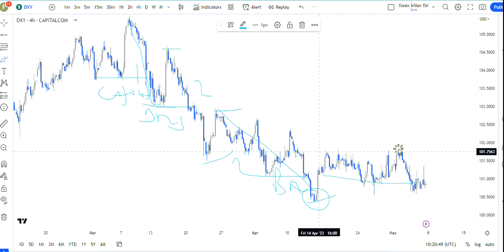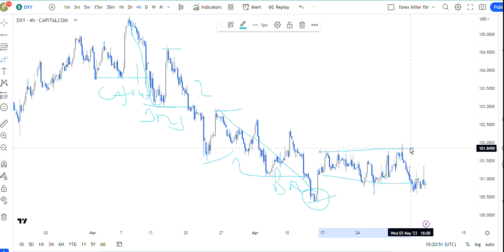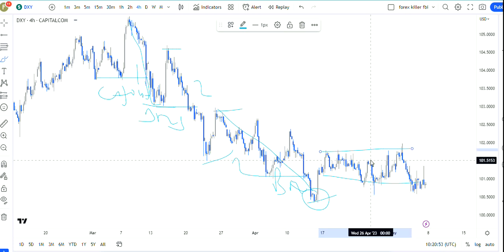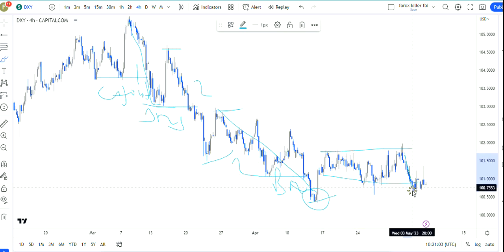At this point we have a correction. If you have a correction here, the upcoming move should be impulsive. Inside the correction we have an impulse, and after the impulse we have a correction here.